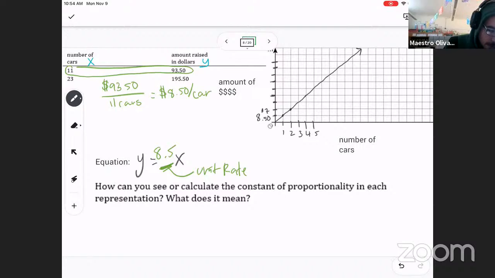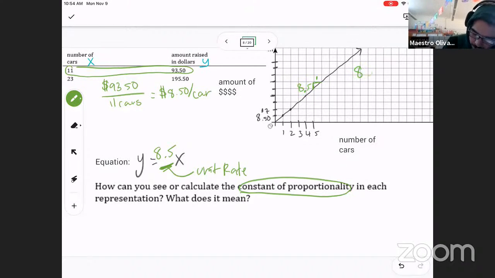Ooh, I see some of you are already turning in exit tickets right now. So how can you calculate or see the constant of proportionality in each representation? The constant of proportionality here, the way we see it is, this changes by 1 and this changes by 8.5.